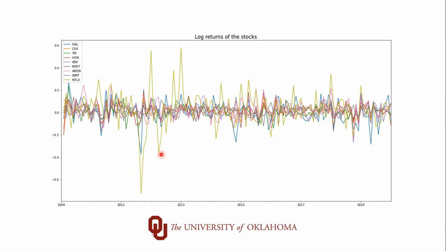And this chart, let's take a look now at the returns. On this chart, there are some big spikes on the yellow and some of these blue lines. These are associated with a high volatility on Netflix and Halliburton stocks, and this agrees with what we have seen on previous plots.